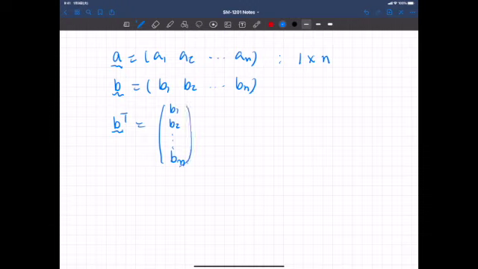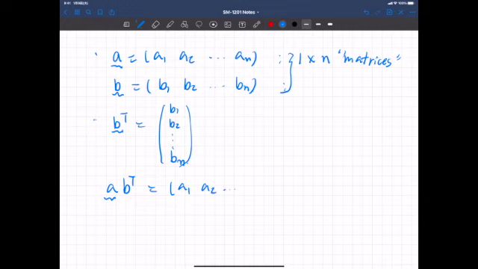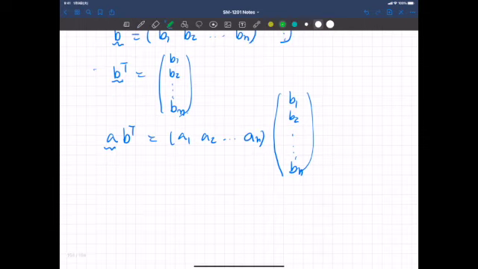So we can multiply these two matrices. So this is a matrix. Okay, so we can calculate this product, matrix product. So that is A1, A2, ..., An by B1, B2, ..., Bn. So that becomes A1 times B1, A2 times B2, and so on, and An times Bn, and take the summation.